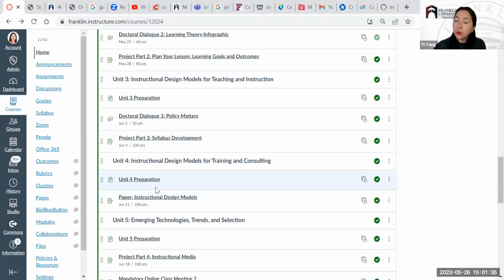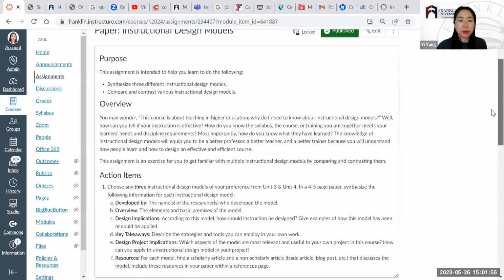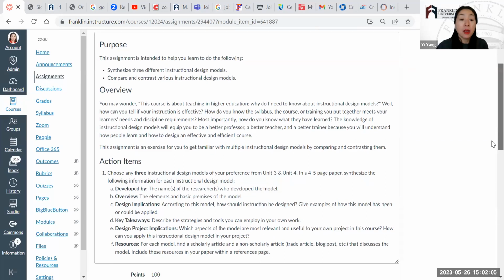Okay, so with unit 4, you have one assignment due, which is your first academic paper, where you compare and contrast the instructional design models. You need to synthesize those models and compare and contrast them, like I stated in the purpose. When you look at the purpose, the purpose is really your assignment-level outcomes.